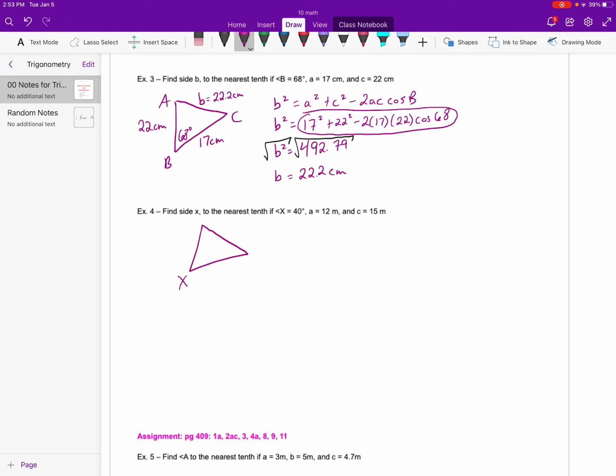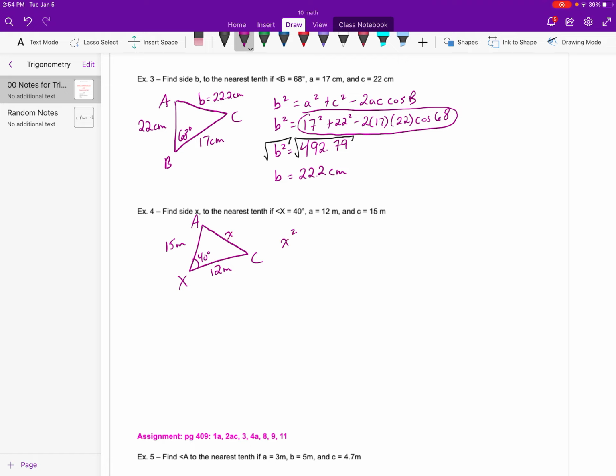So we have x, we have a side A, and we have a side C, sorry. So we have 40 degrees right here, we have 15 meters right there, and we have 12 meters over here. And we're trying to find side x, so that's this side right here.